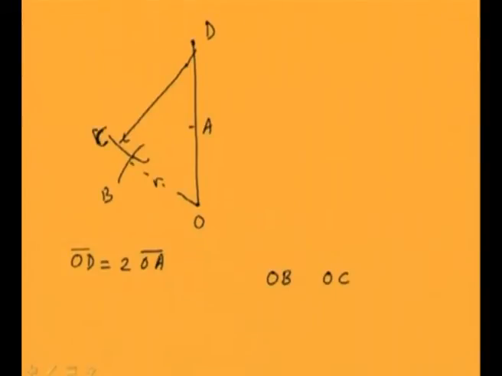So we'll get the intersection here. This can be joined with O and D on the same line.